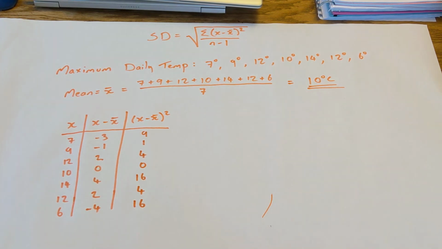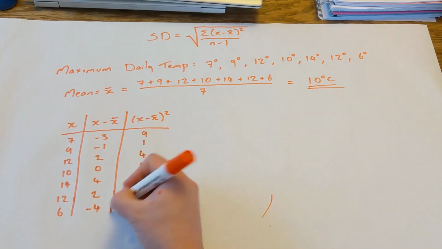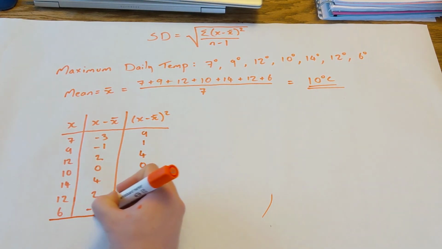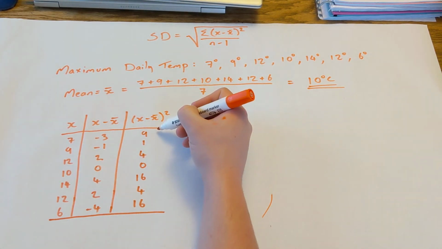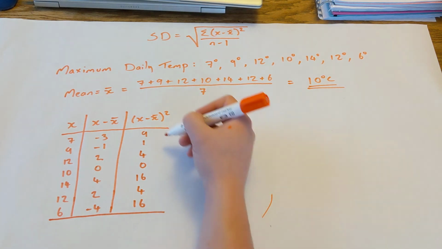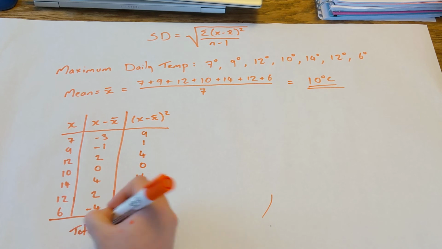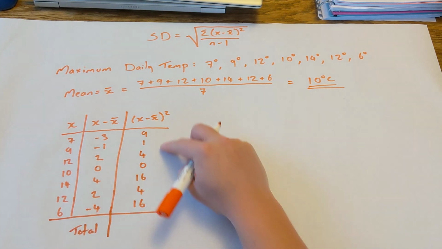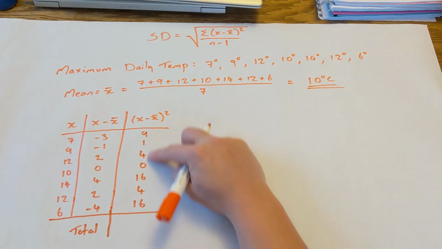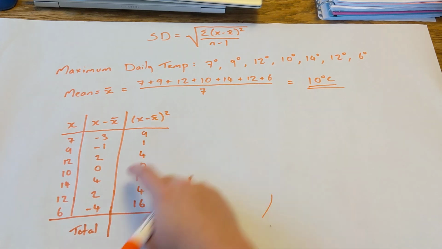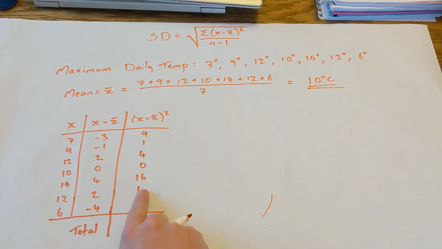Now, a little check to make sure you're on the right path. This last column of your table here, this x minus the mean squared, these should all be positive, okay? If any of these numbers are negative, you've made a mistake, okay? These all need to be positive, because a positive times a positive will give you a positive, and a negative times a negative will also give you a positive, okay?